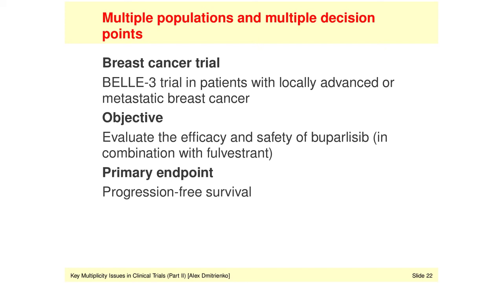As you can see on the slide, we're going to assume for simplicity the analysis of a single endpoint in the trial, specifically the primary endpoint, which was based on progression-free survival. There were also additional secondary endpoints, such as overall survival or overall response rate, and other endpoints were investigated in the BEL-3 trial, but they will not be dealt with in this example.